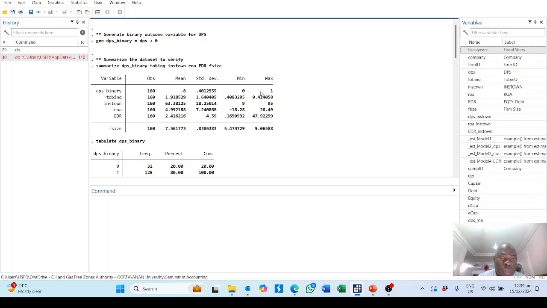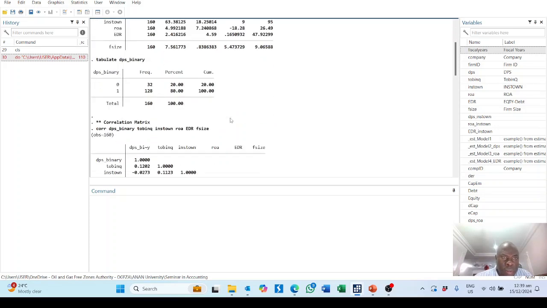The statistics for Tobin's Q, which represents firm value, is also stated. You can see the minimum value is 0.4, whereas the maximum value is 9.4. Tobin's Q measures the value of a firm. Institutional ownership ranges from 9% to 95%, and so also with others.